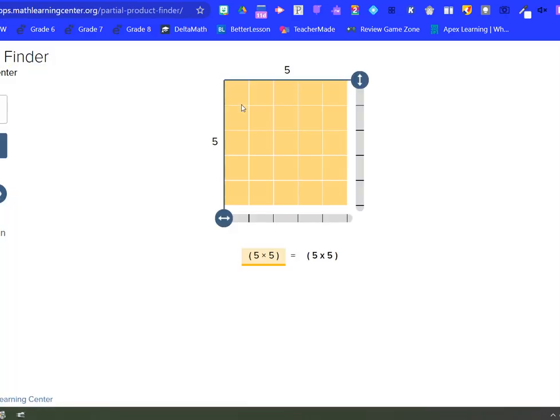And let's enter the very first problem. So we go over here to the left, and we are going to back that up. And we are going to enter 43 times 20.